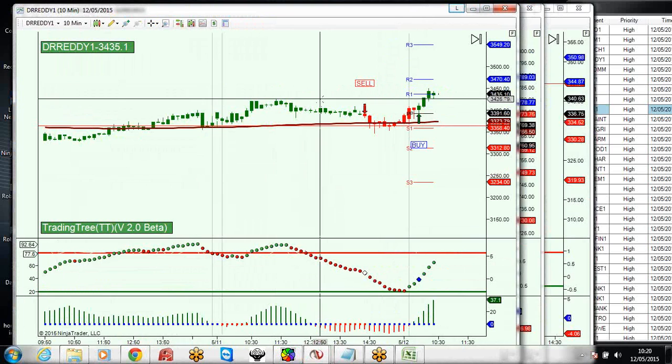So we had this 3424 as the entry for Dr. Reddy. We were talking about that. Now it is at 3435.